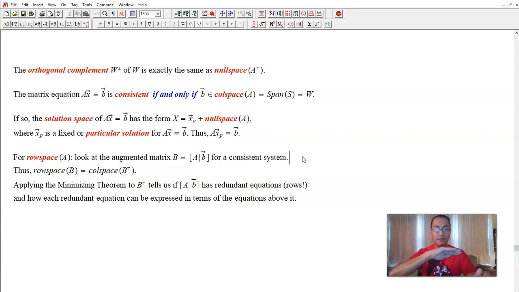We took our augmented matrix and then we flipped it over because we had to look for which equations are redundant. What's that? It's just a minimizing theorem. You look for the REF of B transpose, which is what we did, and you look for the free variables. The free variables in the REF of the transpose correspond to the equations, the rows in the original system, which are redundant. And each of these redundant equations can be expressed as a linear combination of the equations which are above it.